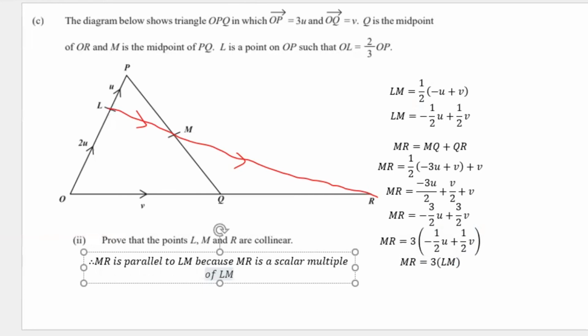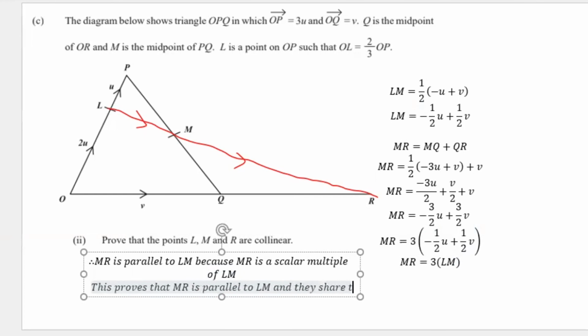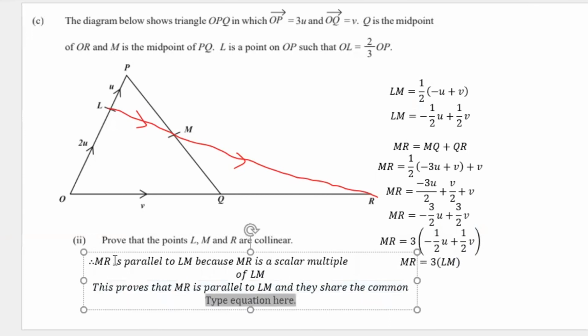So MR is a scalar multiple of LM. So therefore, part 2, this proves that MR is parallel to LM and they share the common point M. So that is it.